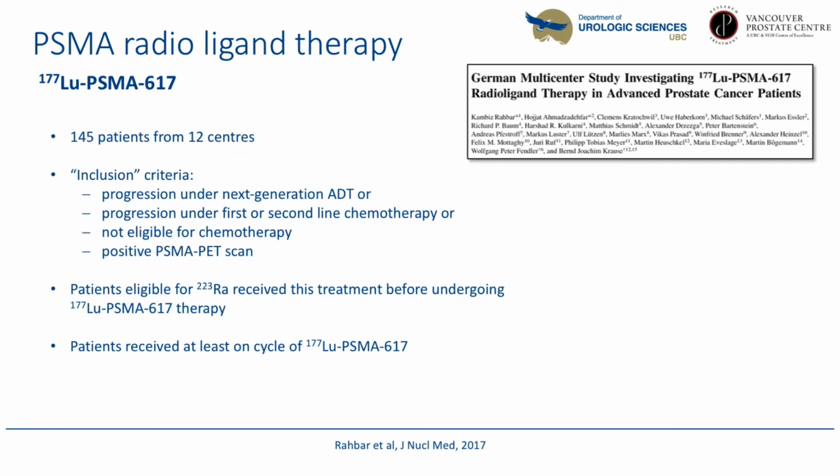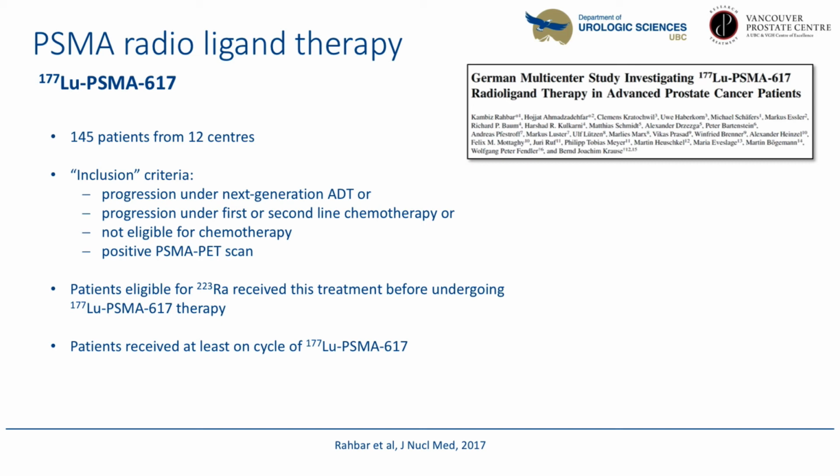Lutetium is used in quite a few German nuclear medicine centers at the moment, and they tried to pull that data together retrospectively and have a look at it. This is data from 145 patients from 12 different centers. You cannot really call it inclusion criteria, but all of these patients were progressive under next generation ADT or under first or second line chemotherapy, or they were not eligible for chemotherapy.